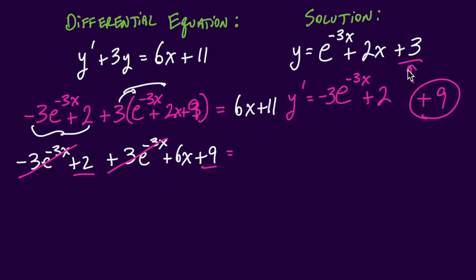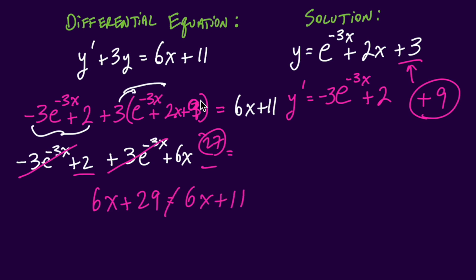When we distribute that 3, 3 times 9 is 27. And indeed, if you have a 27 here, 27 plus 2 is going to give us 6x plus 29 equals 6x plus 11. And clearly, that is not true. Therefore, changing that constant randomly to a different constant is not valid.